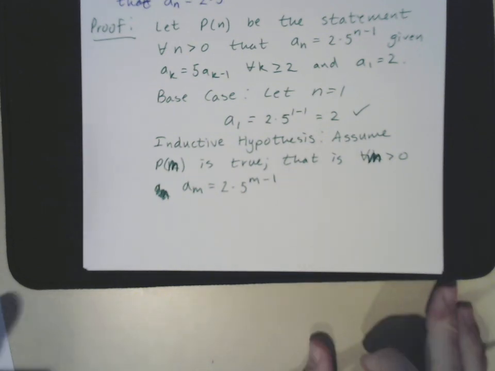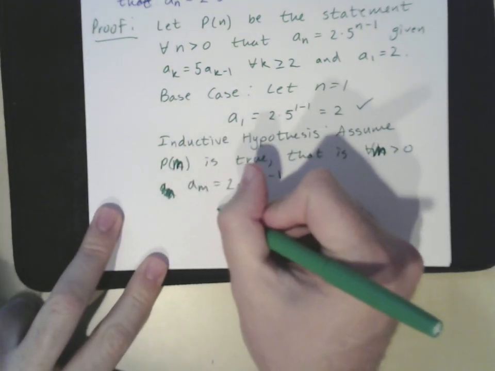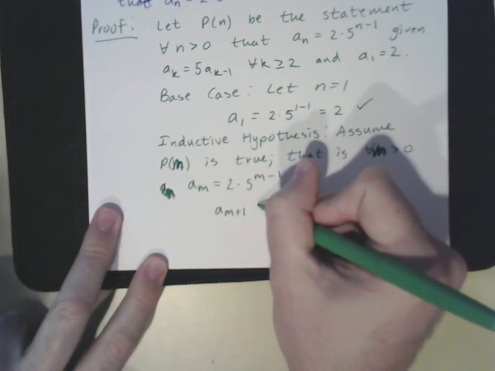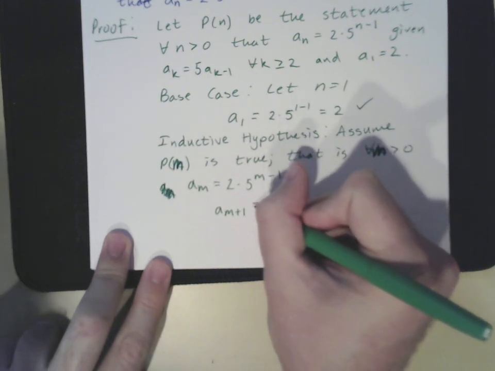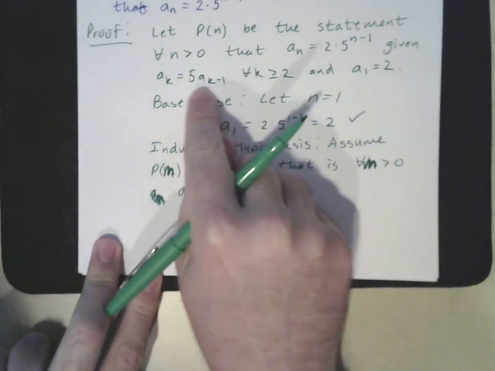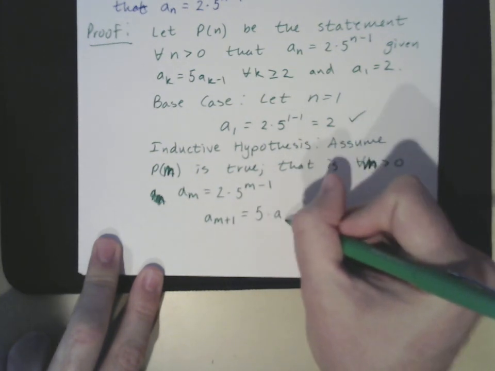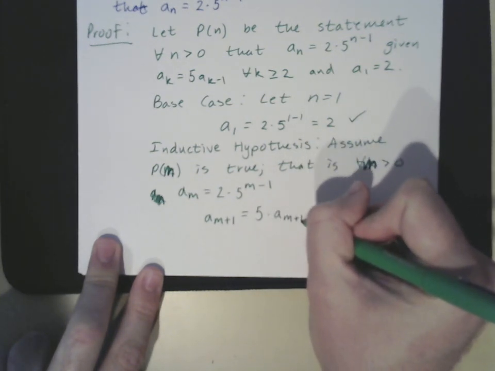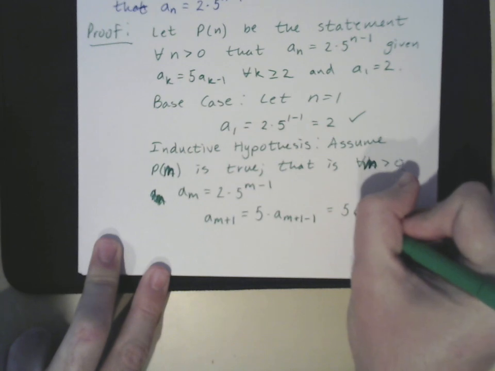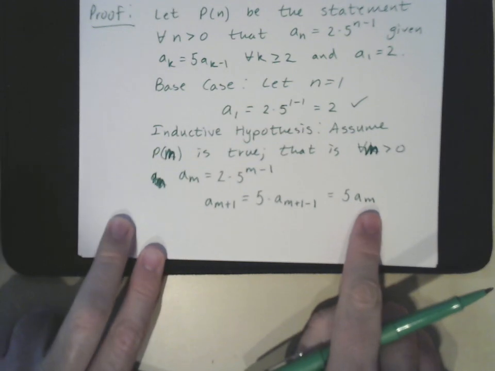So now we look at our, in this case, m plus 1 case. So a sub m plus 1 would be, since we can't assume that this is true, we're actually doing a sub m plus 1 using this. So this would be 5 times a sub m plus 1 minus 1, which is 5 a sub m. Now there's our inductive hypothesis hiding away.